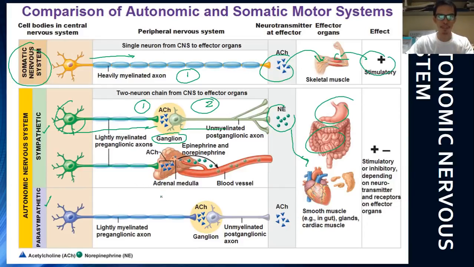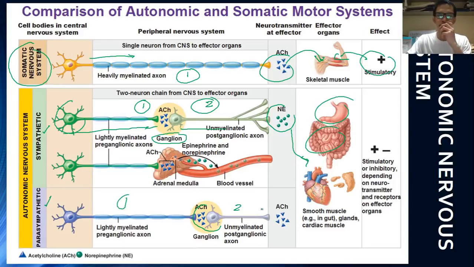Now, let's take a look at the parasympathetic division of the autonomic nervous system. As you can see, it is also made up of lightly myelinated preganglionic axons, the one that we have right here. They are connected to a place called the ganglion, where a bunch of cell bodies and an axon are connected. The second neuron is unmyelinated.